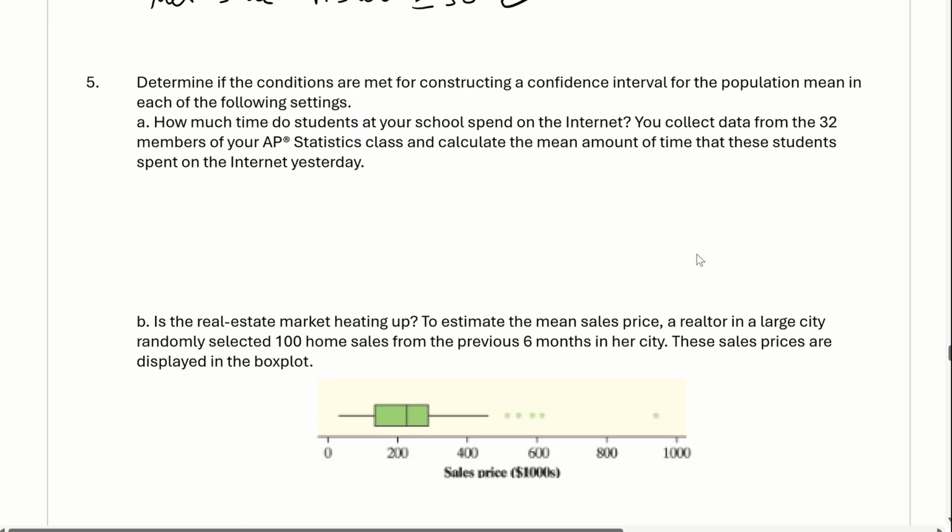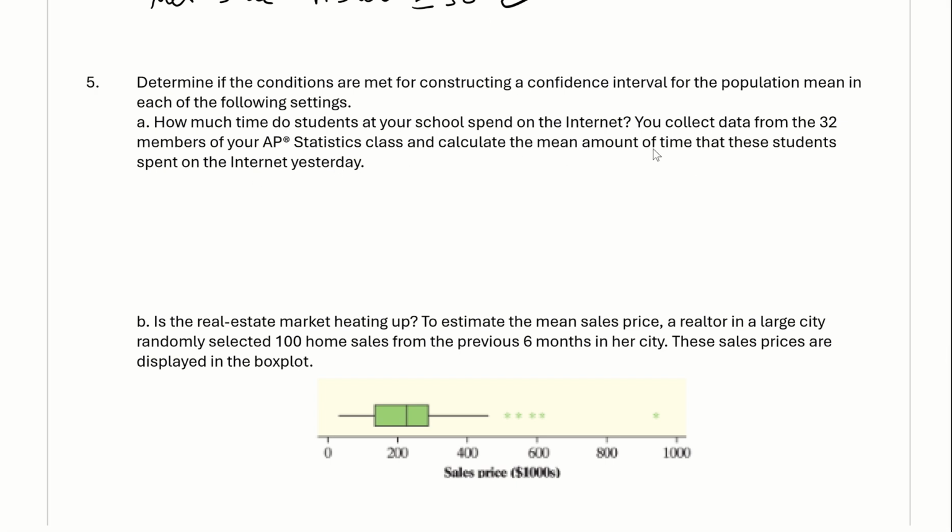All right, number 5. Determine if the conditions are met for constructing a confidence interval for the population mean in each of the following settings. So how much time do students at your school spend on the internet? You collect data from 32 members of your AP Statistics class and calculate the mean amount of time that these students spent on the internet yesterday.